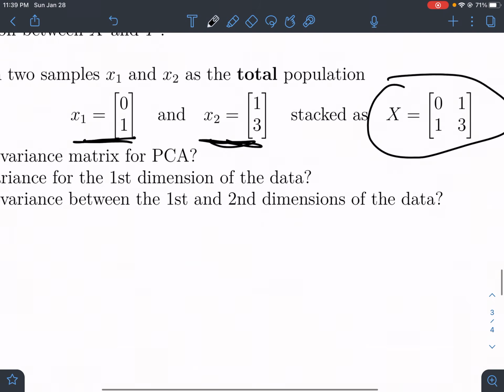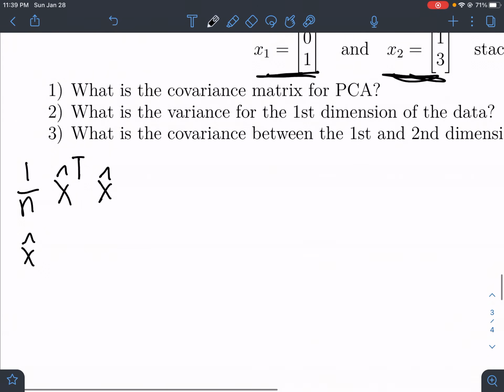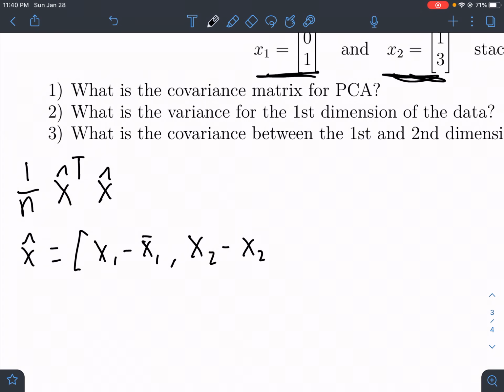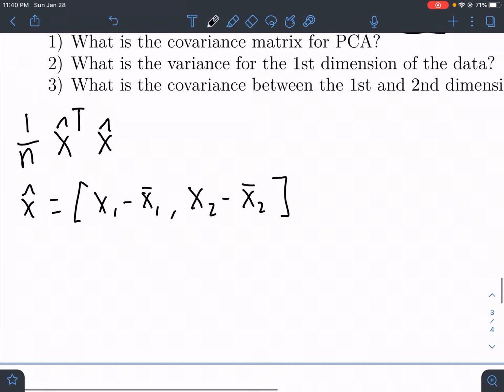So for every column of x, we're going to subtract the mean of that column. So we get x1 minus x1 bar, x2 minus x2 bar. And that's going to be x hat.